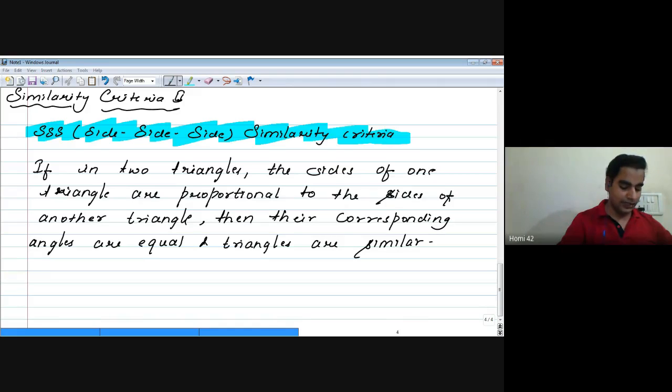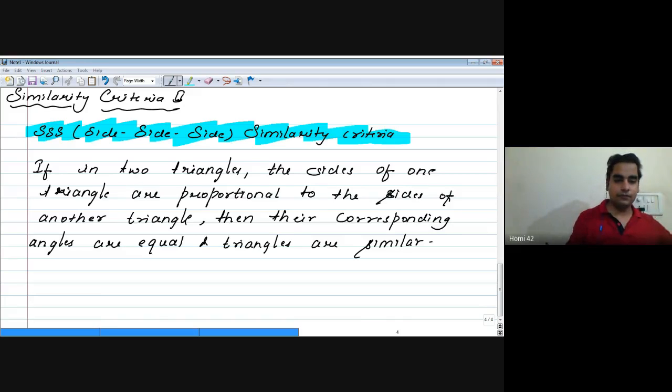Although the results are quite similar, in AAA criteria, we used to assume that the corresponding angles are equal, and we used to show that the corresponding sides must be in the same ratio. And in this, we are assuming the ratio of corresponding sides is the same, and we are to prove that the corresponding angles are equal. So they are in a way related to each other, but yes, you cannot say that they are converse of each other. That is not the correct statement, I would say.